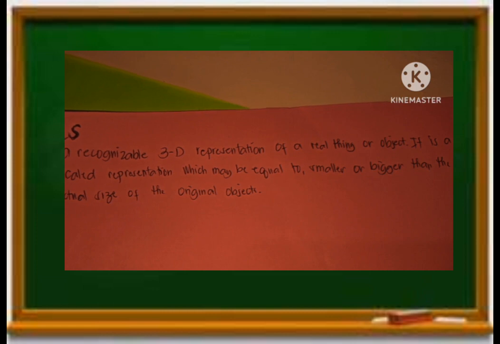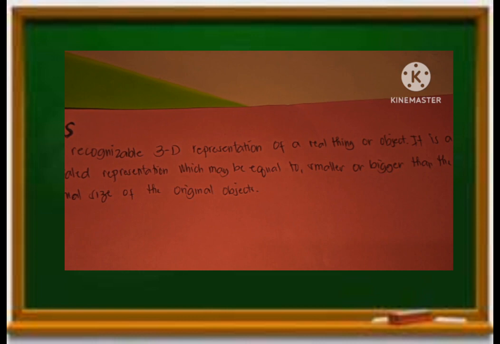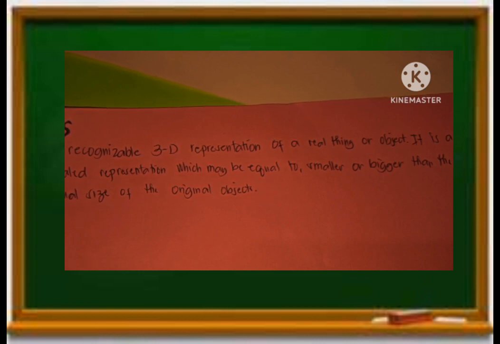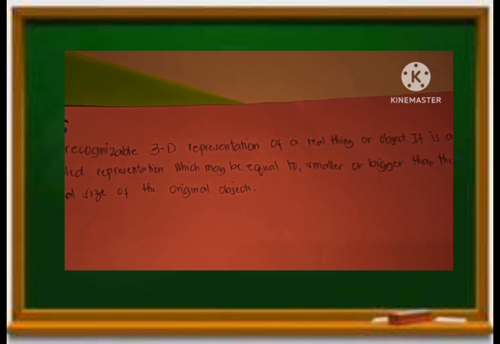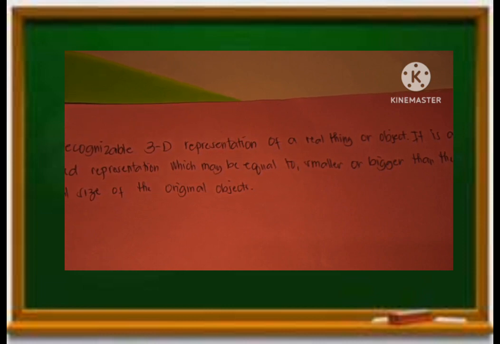So the models can provide various experiences that real things cannot provide. An example of a model is the solar system, and for example in our classroom, the teacher will be representing something.